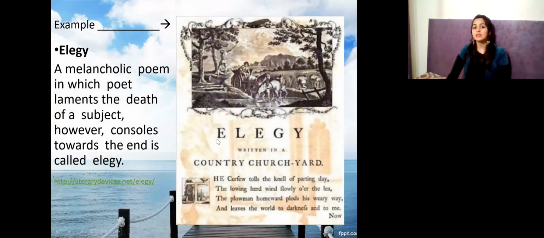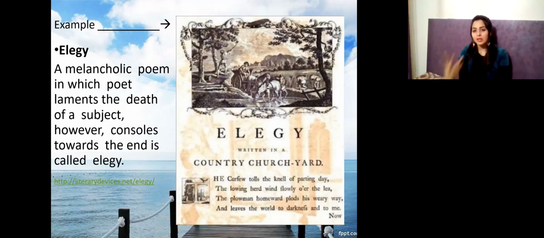Let's see what an elegy is. Now these are all types of poetries, okay? So you all can write the names down if you need. A melancholic poem in which the poet laments the death of a subject, however consoles towards the end, is called an elegy. Now, very serious. It is actually a death scene, you can say. A very sad poetry in which someone is dying, and towards the end of it you are actually consoling someone.